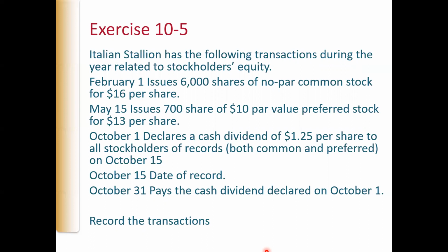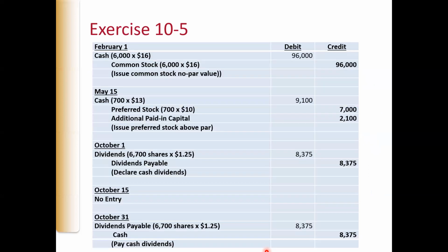Next, October 1st, declare a cash dividend of $1.25 per share to all stockholders on record. So we have 6,000 common stockholders, 700 preferred stockholders. So 6,700 shares at $1.25.